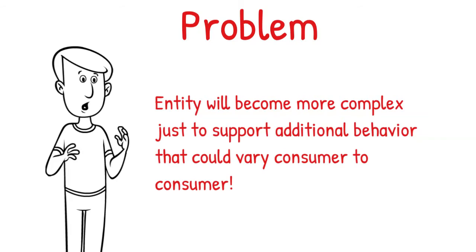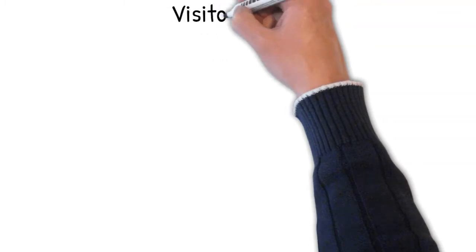But if we keep adding all type of methods inside the patient entity, we are indirectly exposing all the methods to be consumed by all the consumers. And that's definitely not a good design. So do we have a choice? Yes, of course. Visitor pattern is here to help us.